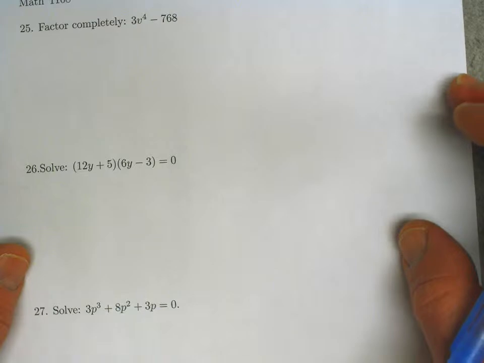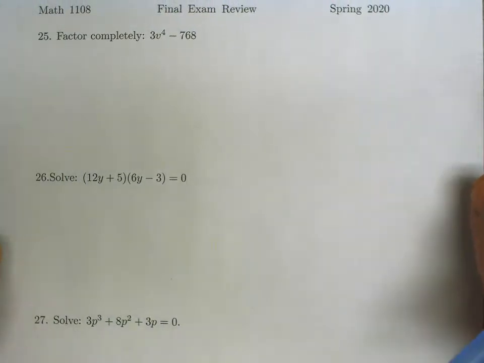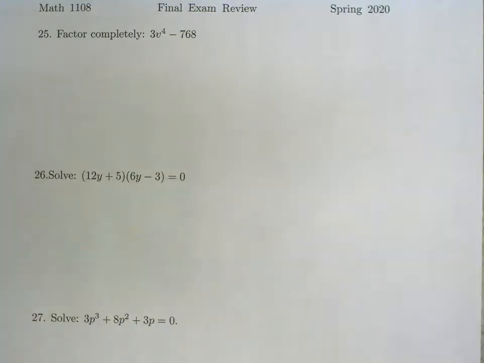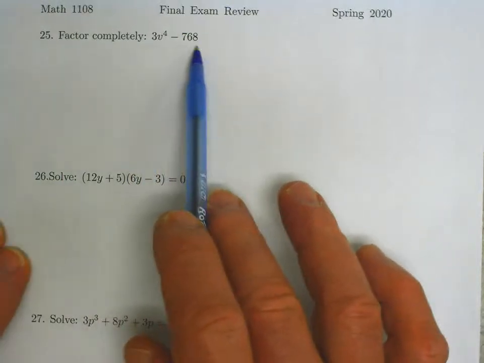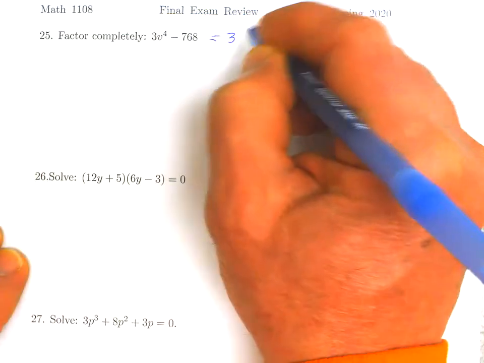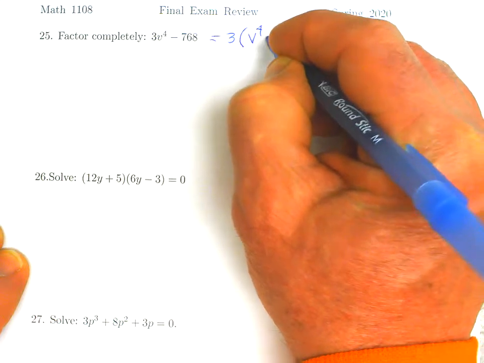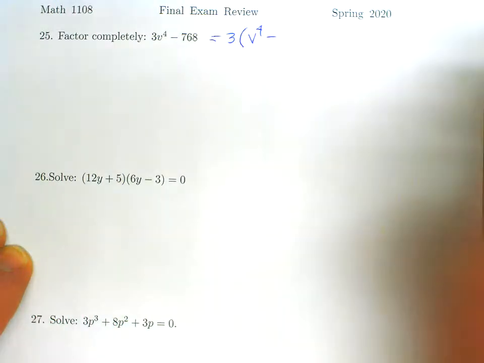Number 25. Factor completely. 3v to the fourth minus 768. The greatest common factor of the two terms is 3, so we can factor 3 out. And we get 3 times the quantity v to the fourth minus 256.